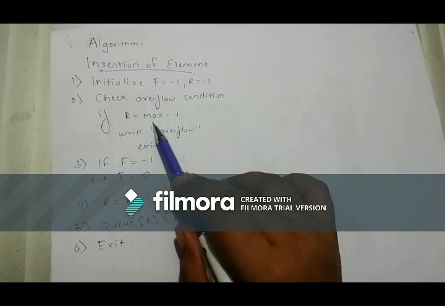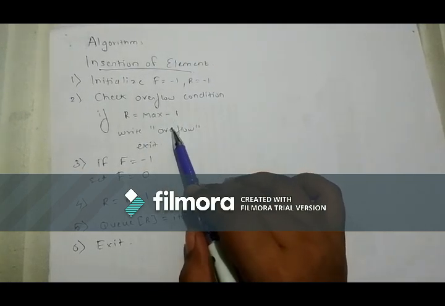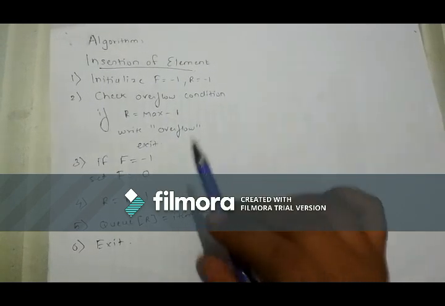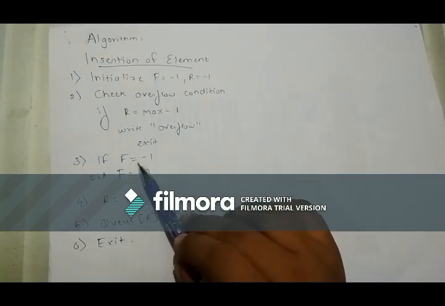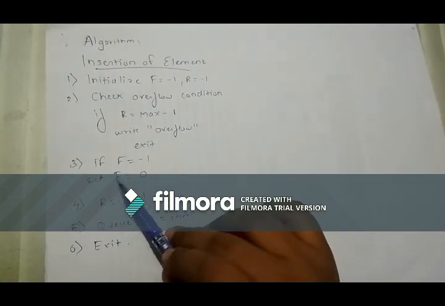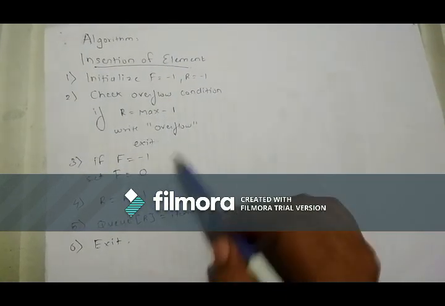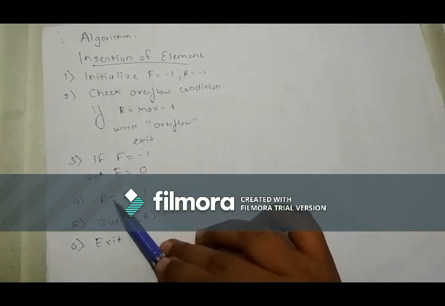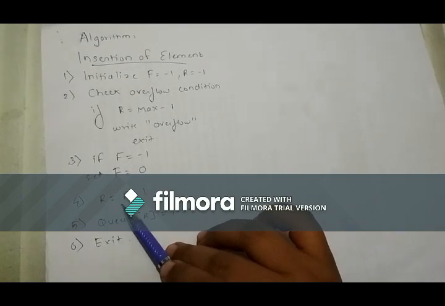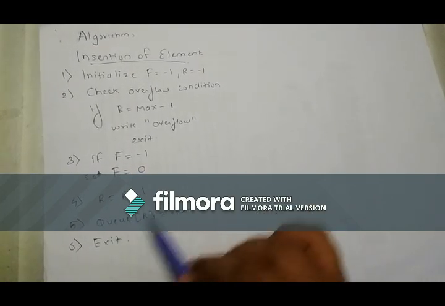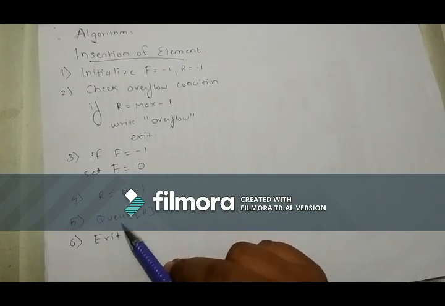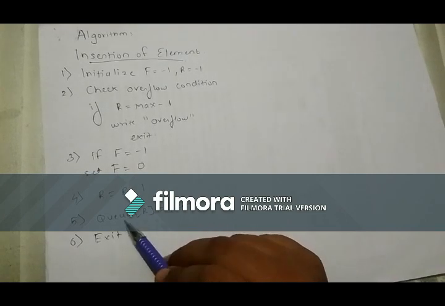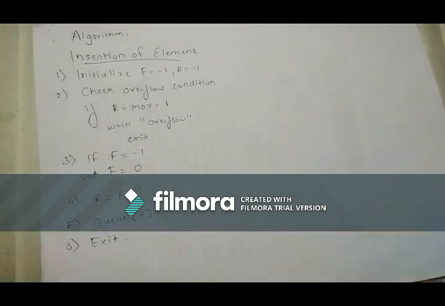If r is equal to max minus 1, that means the queue is full and we cannot enter another element. If f is equal to -1, we will set f is equal to 0. Then we will increment the value of rear by 1, that is r is equal to r plus 1, and we will insert the item at that rear in the queue, and then we will exit.